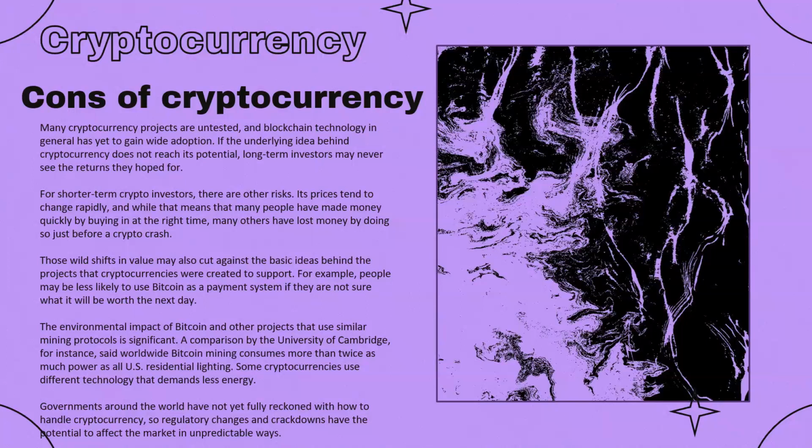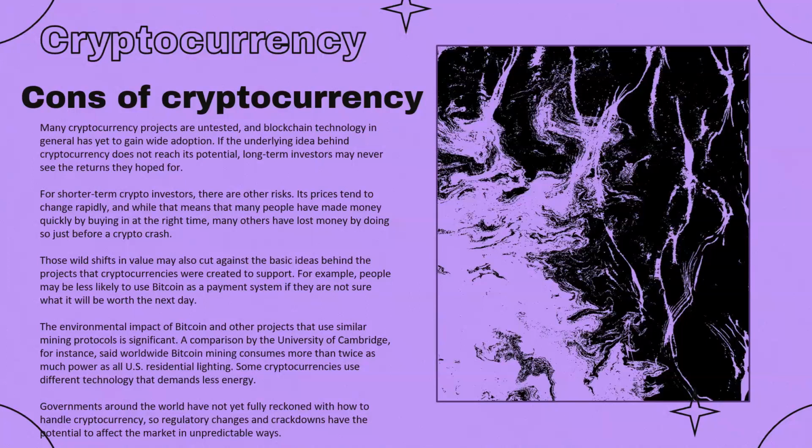So a comparison by the University of Cambridge, for instance, said worldwide Bitcoin mining consumes more than twice as much power as all US residential lighting. Some cryptocurrencies use different technology that demands less energy. So this is very specific to Bitcoin.